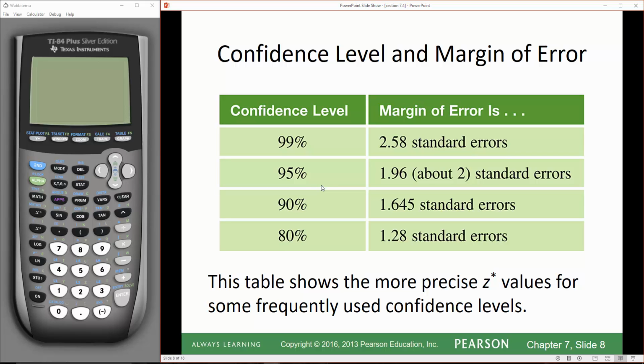If we want an 80% confidence interval, we would use a z-score of 1.28, and for a 90% confidence level, we would use 1.645, and so forth. So this table will come in handy when building confidence intervals. This table is also in the appendix of your book.